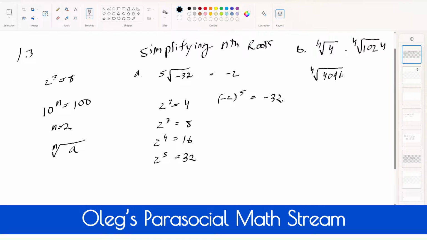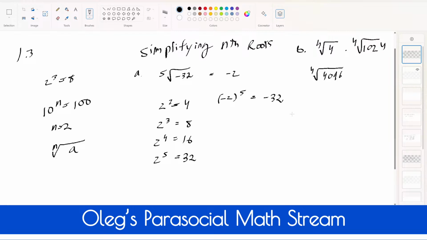So let's try this. To get this result, it's a number that's multiplied 4 times by itself, or we can take the square root twice.